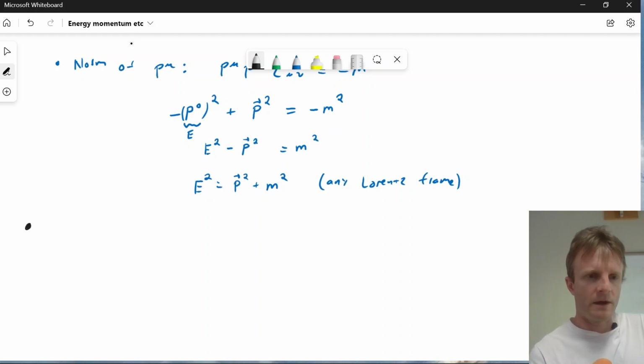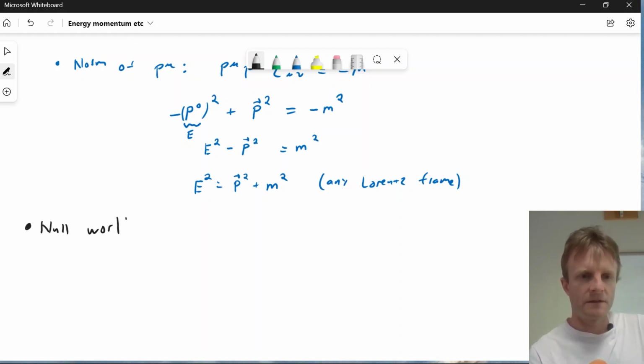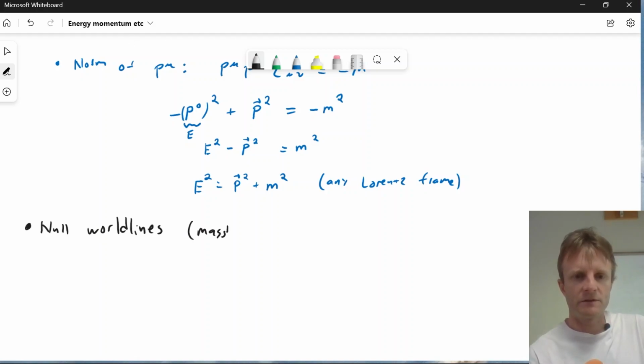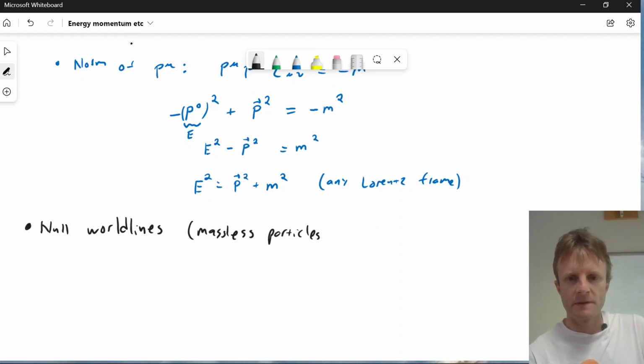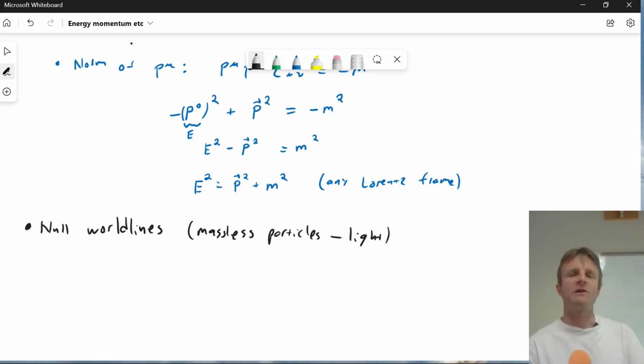All right, so now let's do null world lines. So null world lines are for massless particles, like light. Or maybe neutrinos, although they have a small mass. But it might be a good approximation in some circumstances.